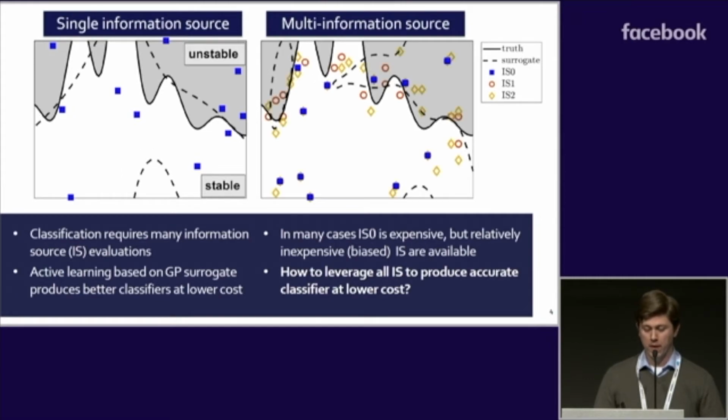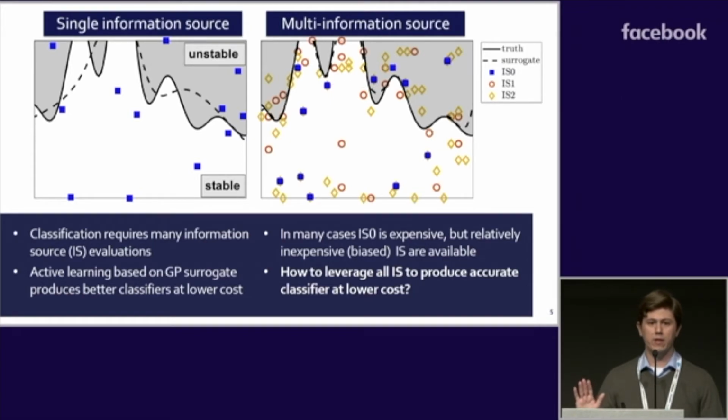So at the time that it takes to have a single IS0 evaluation for the single information source algorithm, the multi-information source algorithm decides that it's much more informative to have several evaluations of the cheaper information sources, and uses that information to have a better estimate of the contour that we are trying to locate.